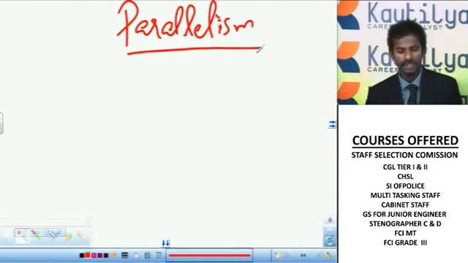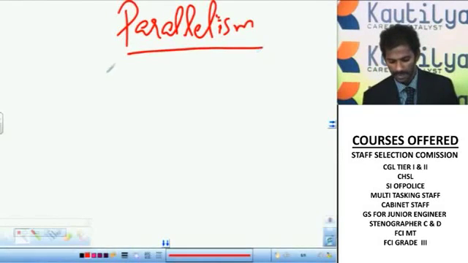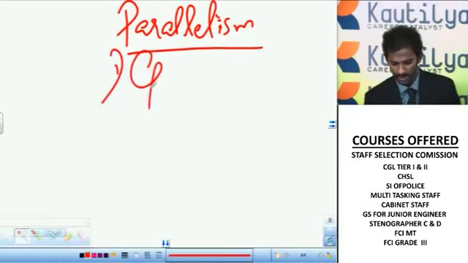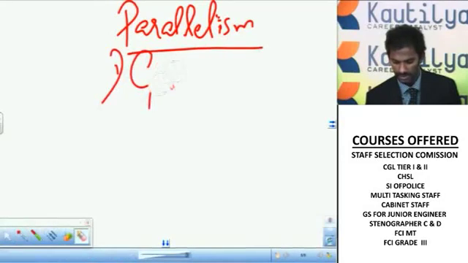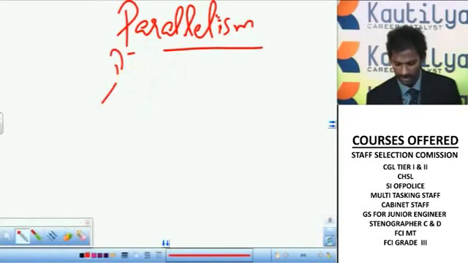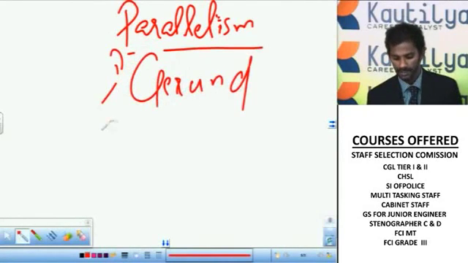The very first concept in parallelism is gerund. We have already discussed what a gerund is. The second concept is infinitive.